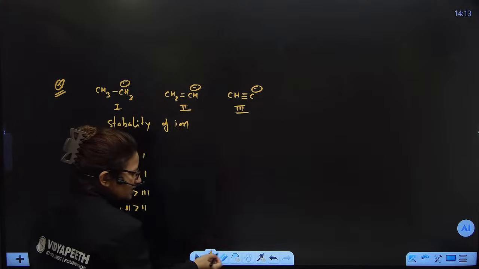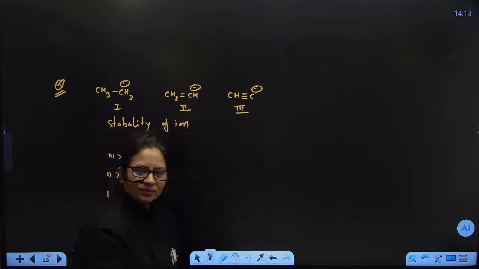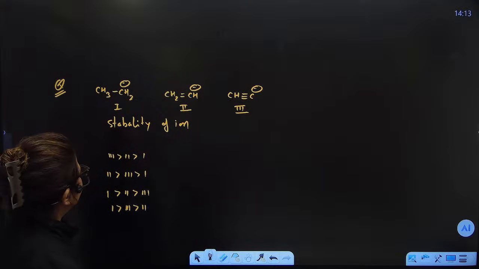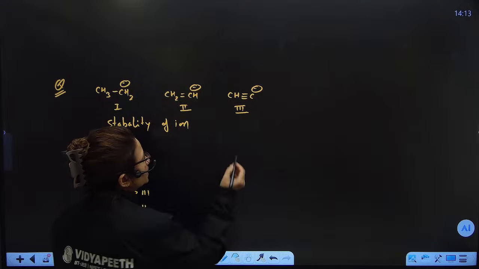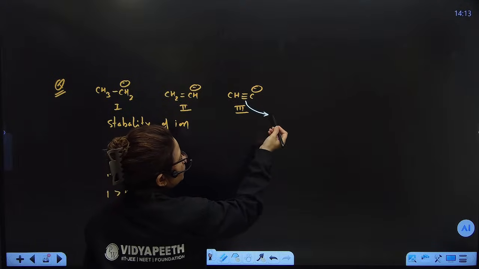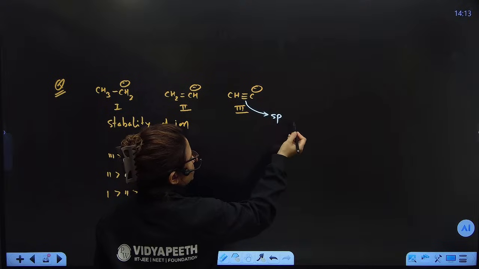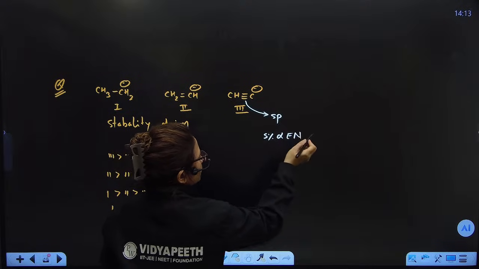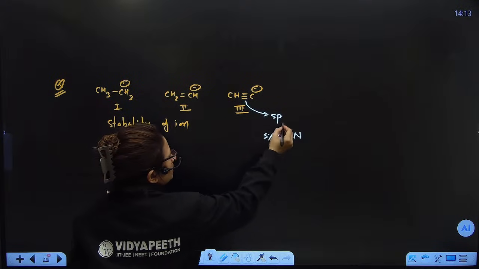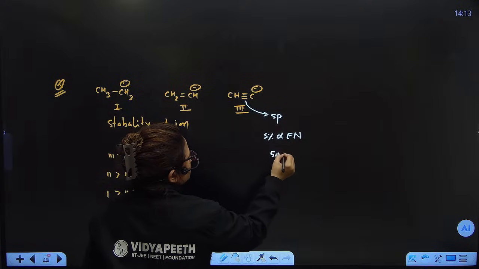I think almost everyone will get this question. It's very simple. A minus sign is stabilized by an EWG, a withdrawing group. And this triple bond is more withdrawing because of sp hybridization, more s percentage, more electronegative character or withdrawing character. Here the s percentage is 50%.